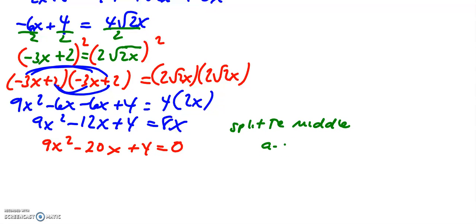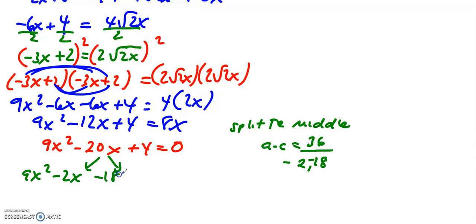So anywho, if I do a times c, I would get 36, and the two numbers that multiply to be 36 and combine to be negative 20 are going to be 2 and 18, both negative. So if I split the middle term, we'd have 9x squared minus 2x minus 18x plus 4. Now you could have switched these two if you'd like.